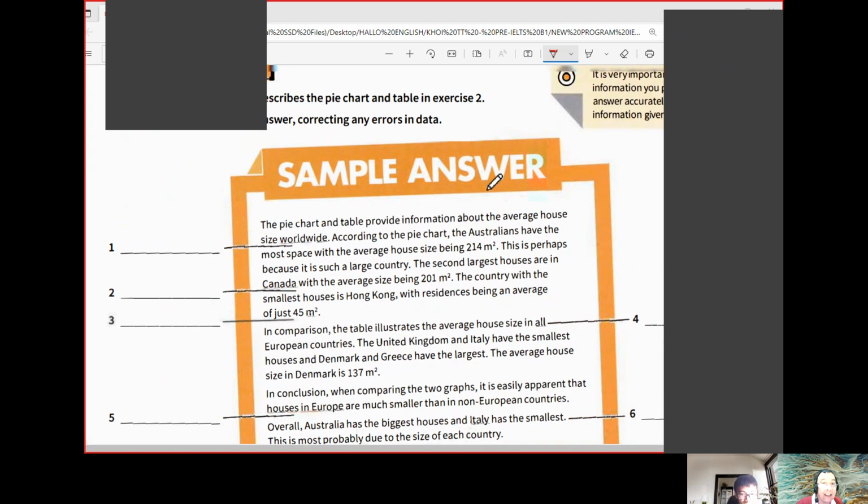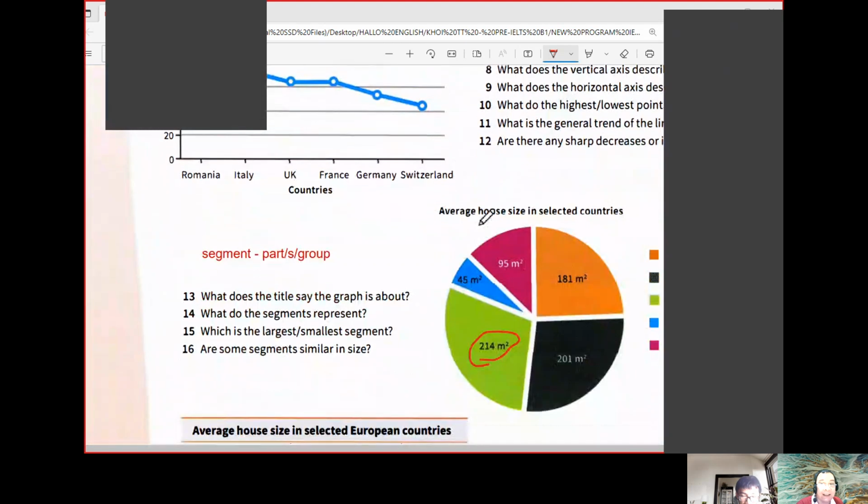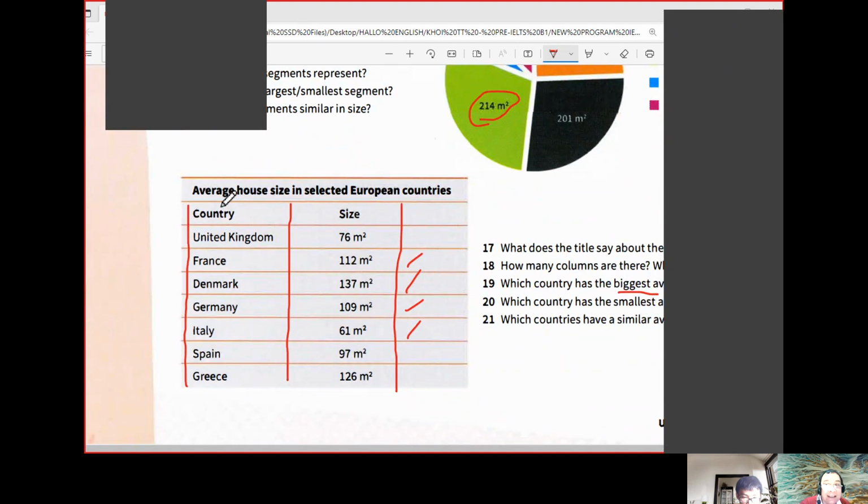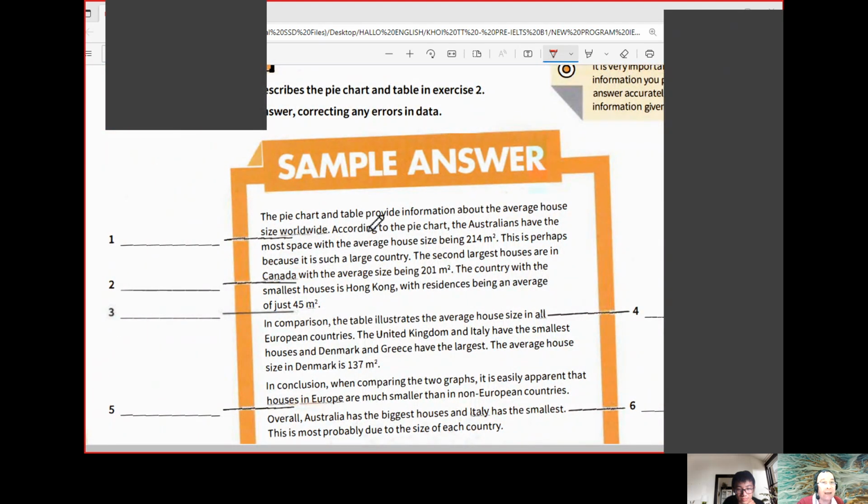Because the pie chart provides information about the average house size in selected countries, and the table, the average house size in selected European countries. We do not say again: the pie chart and the table provide information about the average house size worldwide.